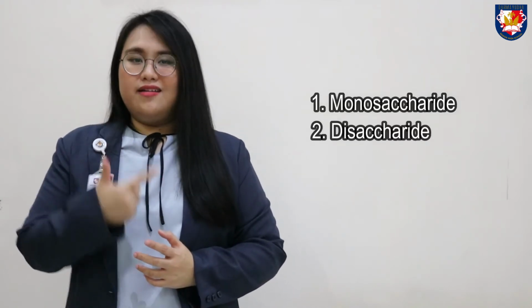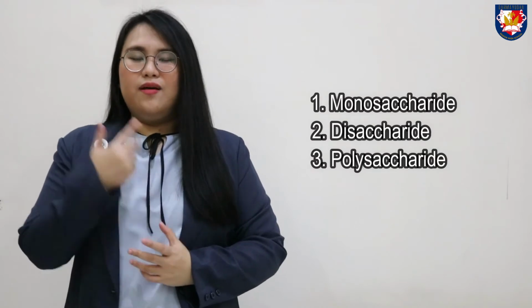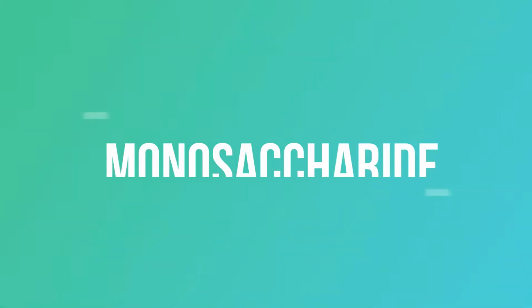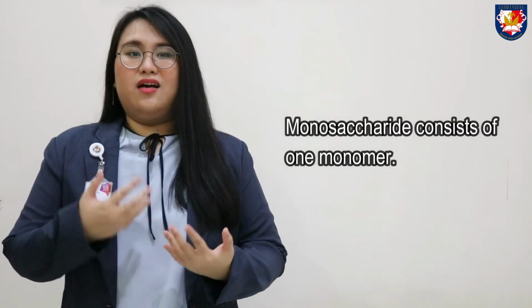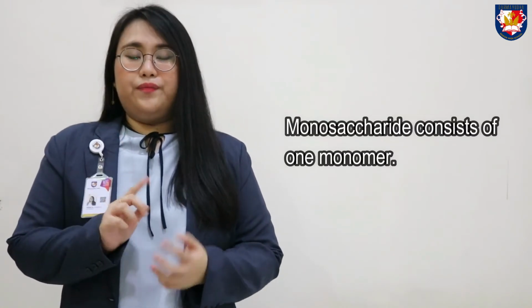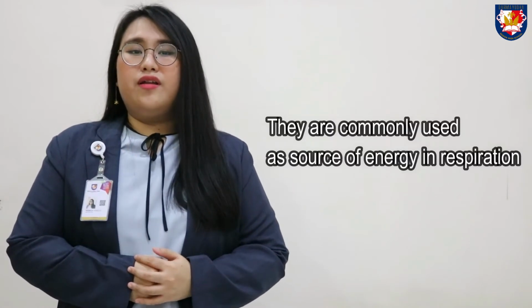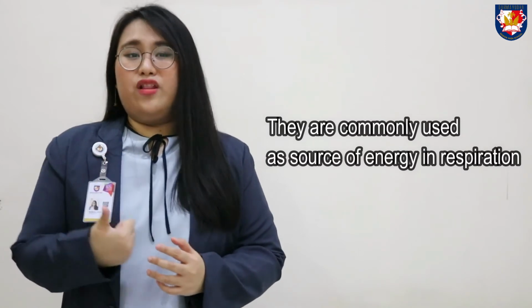There are three types of carbohydrates: monosaccharides, disaccharides, and polysaccharides. First, let's discuss the first type, the monosaccharide. Just like its name, a monosaccharide consists of one monomer. These monosaccharides have two main functions. The first one is they are used as a source of energy.